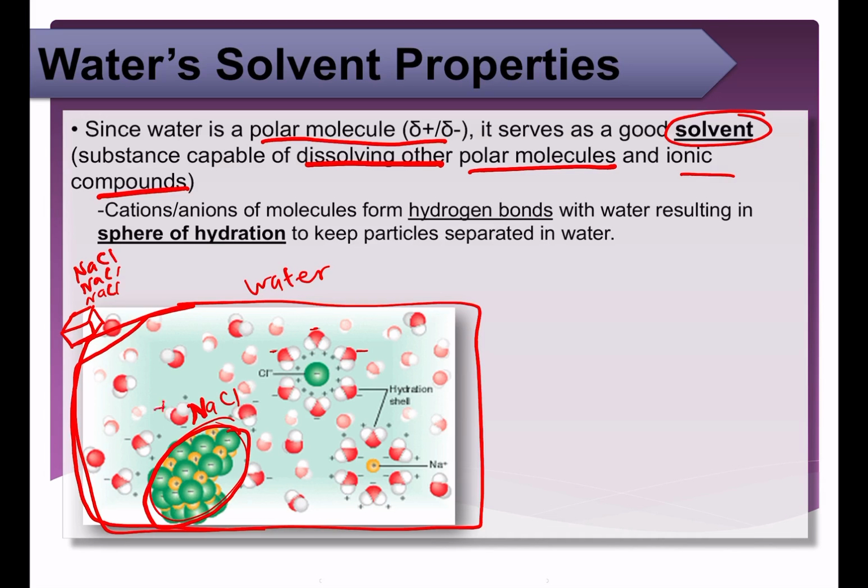Okay, so this is the chloride, this is the sodium, and what happens is that one ion can be surrounded by water molecules on all sides like this, and we call this the sphere of hydration. For example, the sodium ion here is surrounded by a whole sphere of hydration because the sodium ion, being positively charged, is attracted to the partial negative charge of oxygen within each water molecule.